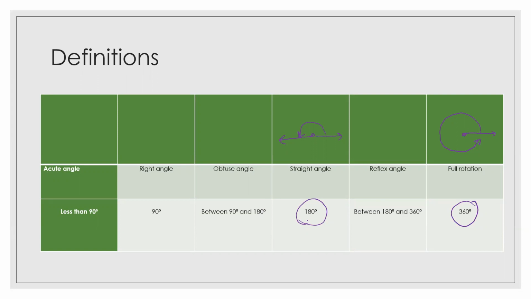What about half of that half of a full rotation, meaning a quarter of a rotation, like this? That is what we call a right angle, and a right angle is 90 degrees. Then you have stuff in between. If it's less than 90 degrees, we call that an acute angle.